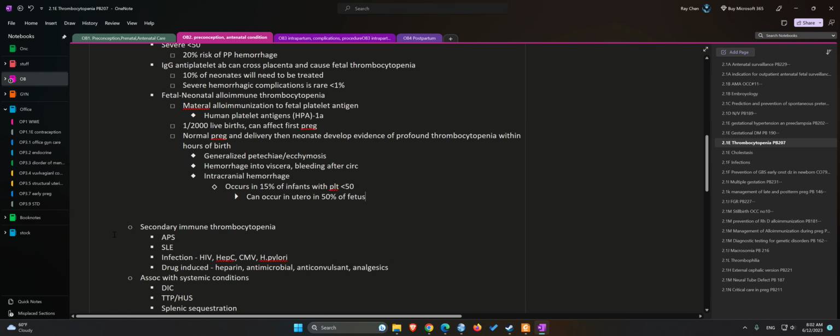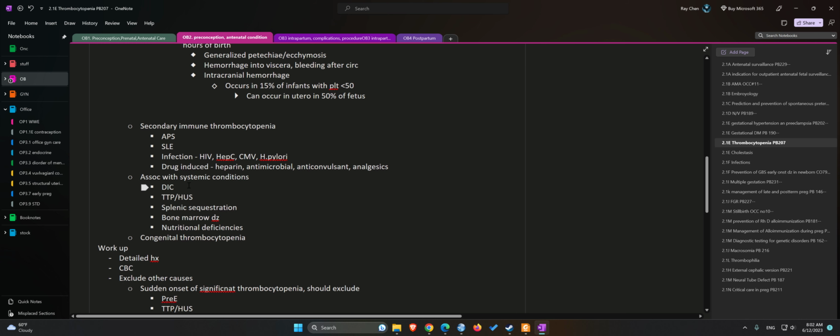So going back to other causes of maternal thrombocytopenia, secondary immune thrombocytopenia, such as caused by APS, SLE, infections such as HIV, Hep C, CMV, H. pylori. There's also drug-induced, such as heparin, antimicrobials, anticonvulsants, analgesics.